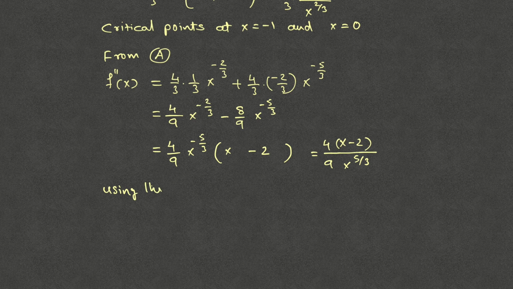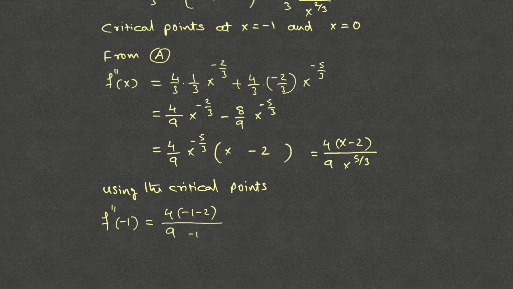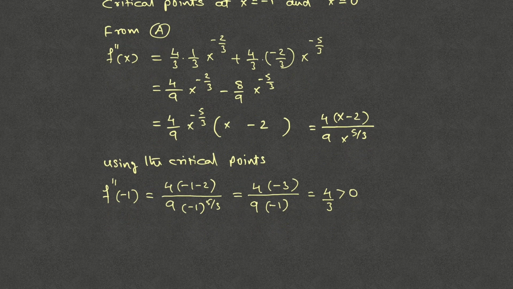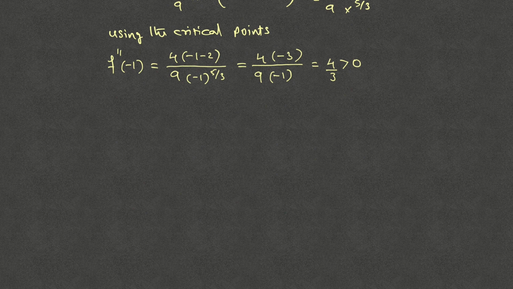Using the critical points, the second derivative at x equals negative 1 is equal to 4 times negative 1 minus 2 divided by 9 times negative 1 to the power 5/3, which is equal to 4 times negative 3 divided by 9 times negative 1, which is equal to 4/3, a number greater than 0, which means there is a relative minimum at x equals negative 1.